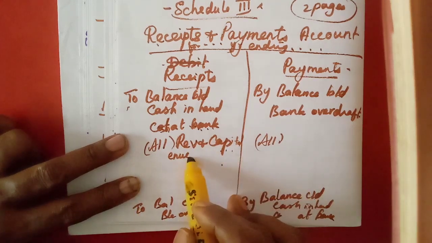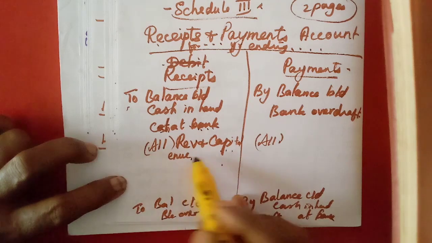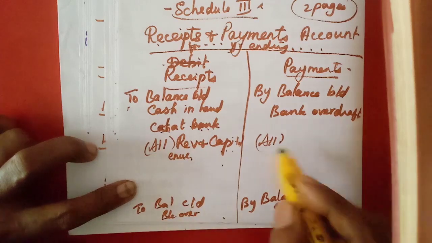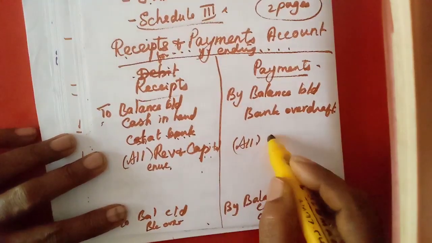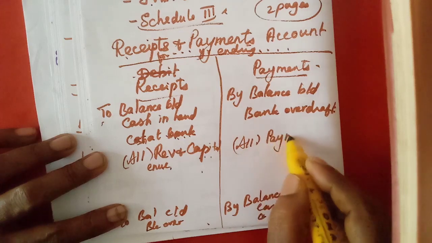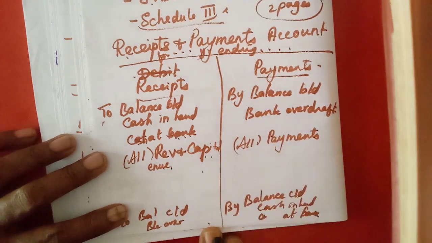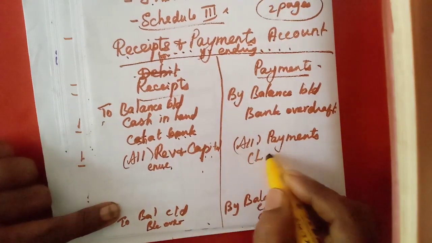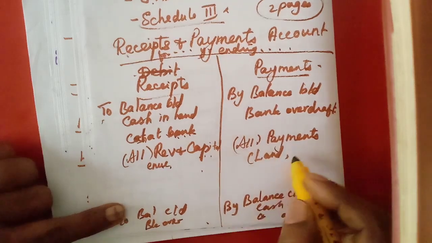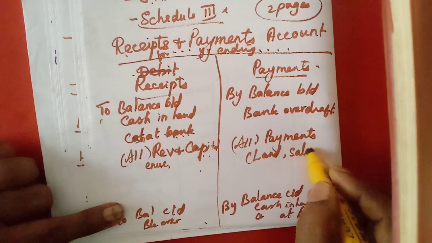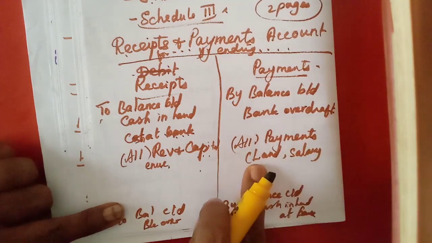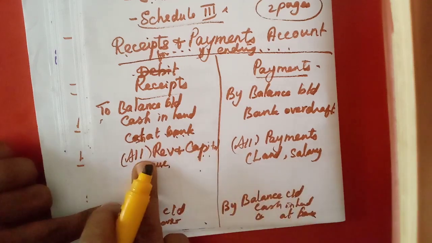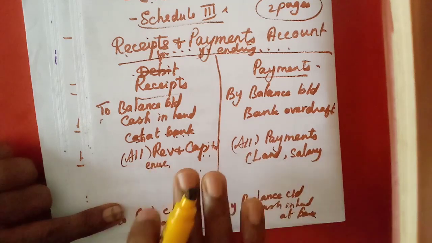Revenue receipt, for example, we receive interest on an investment, that is a revenue receipt, that we can enter. In the same way, all payments of capital and revenue. For example, if they are purchasing land, they can enter. Land they are purchasing, or they are paying salary: salary is revenue nature, land is capital nature. So both capital and revenue nature of receipts and payments can be entered in this receipts and payments account.